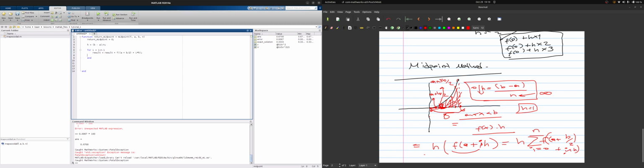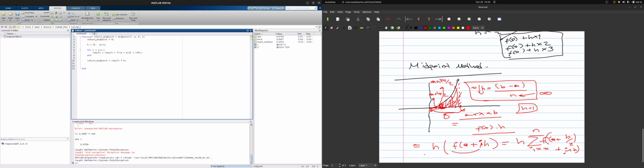Yeah, it's going to be like this, and then we need to multiply this result, I mean, return midpoint is going to be result times h.